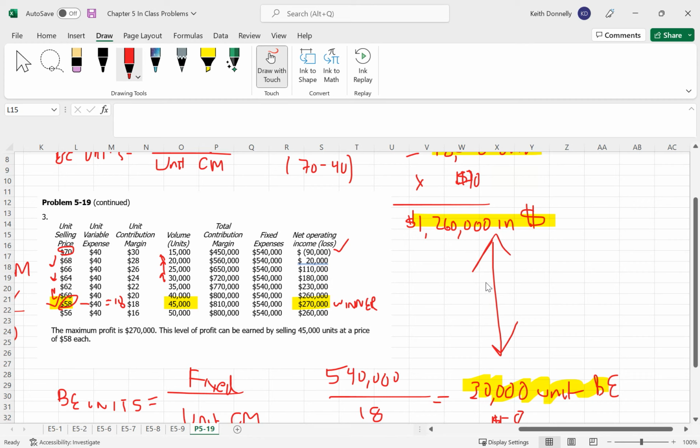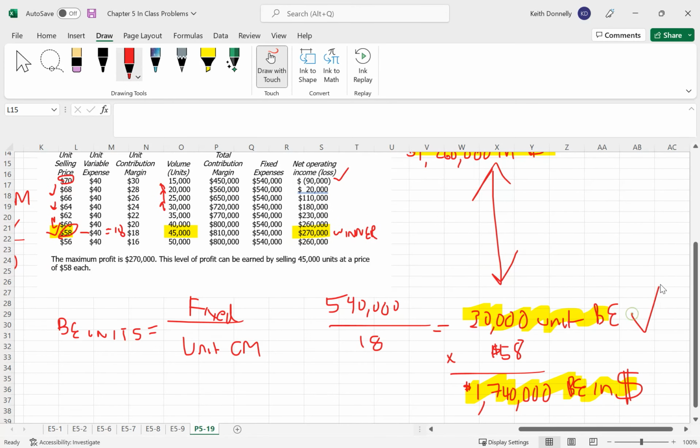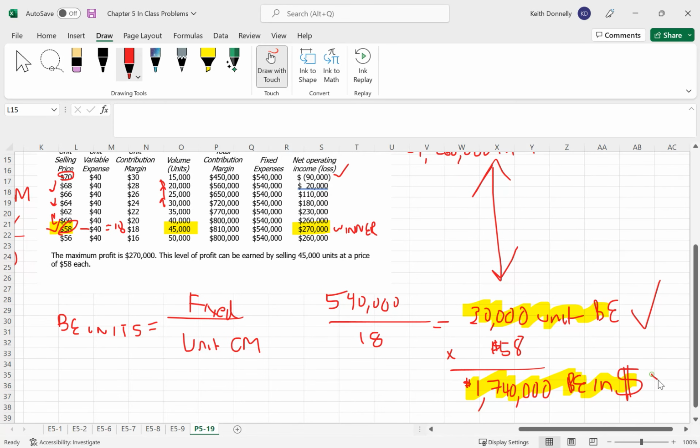So in short, you lower the selling price, it lowers the contribution margin, and increases the break-even point. That's why we went from 18,000 to 30,000. Or stated alternatively, 1,260,000 in dollars to 1,740,000 in dollars.